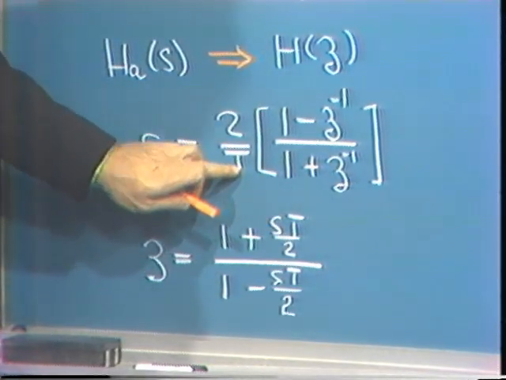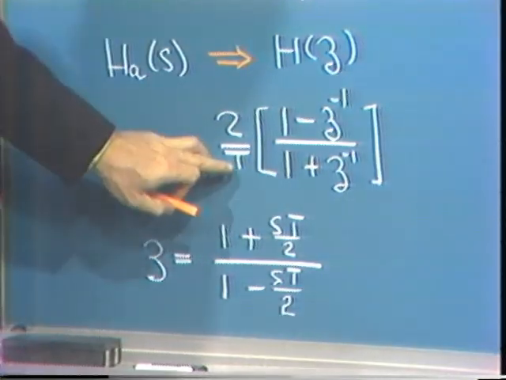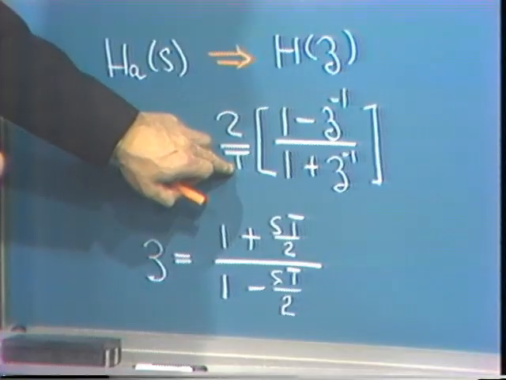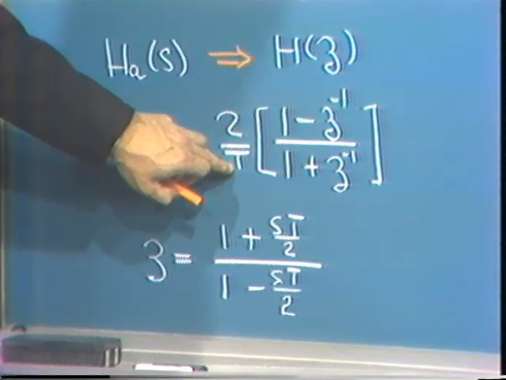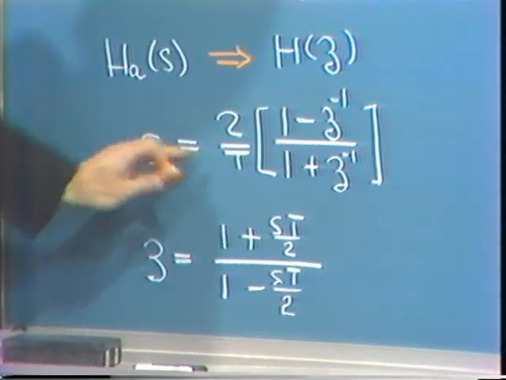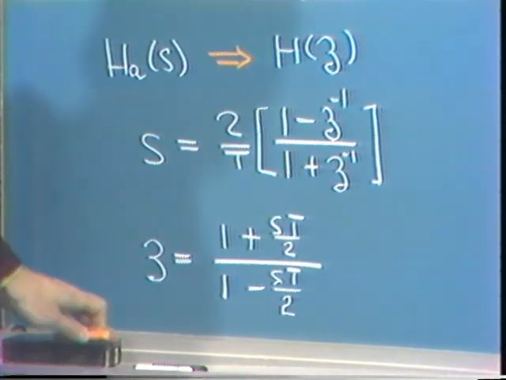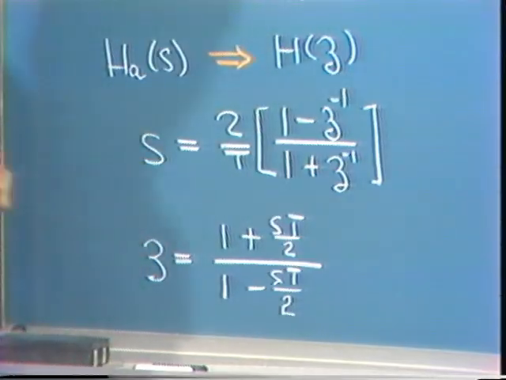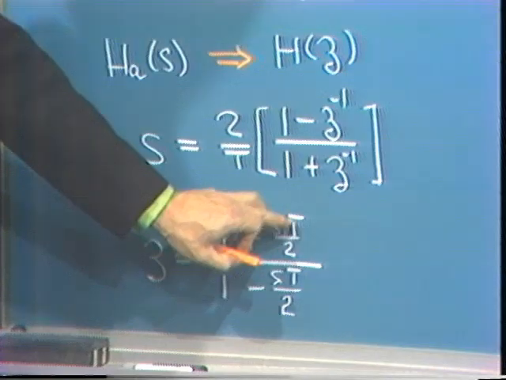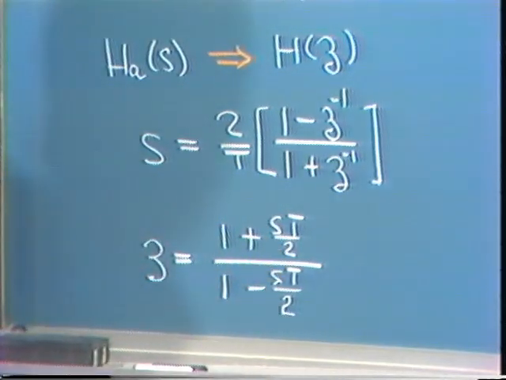There's a parameter capital T that I've introduced, and it's a parameter that comes in basically because of what's involved in applying the trapezoidal rule to implementing the integration. But this then is the general form of the transformation, or expressing z instead as a function of s, we obtain z equals (1 plus sT over 2) divided by (1 minus sT over 2).